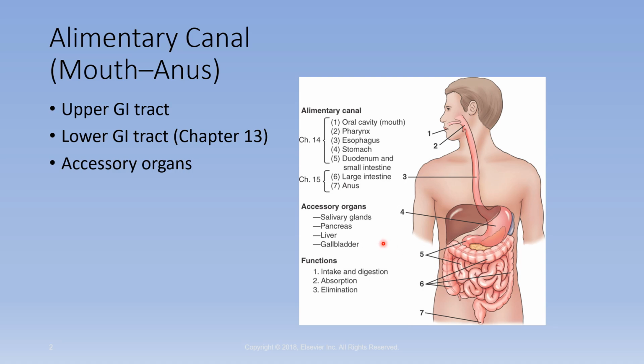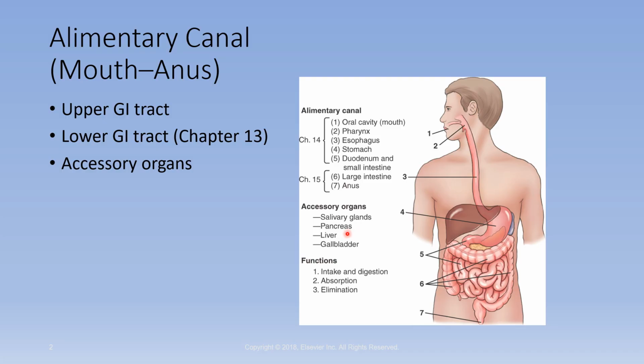The accessory organs to digestion are your salivary glands, which are in the mouth, and those start to break down food once the food enters the mouth. Then you've got the pancreas, which secretes enzymes to break down the food. The liver produces bile, which emulsifies the fats in our diet.